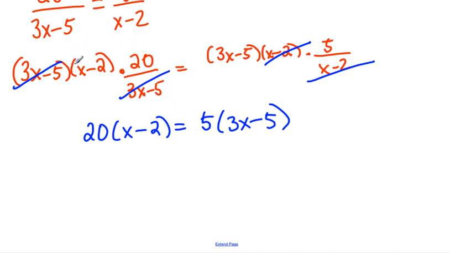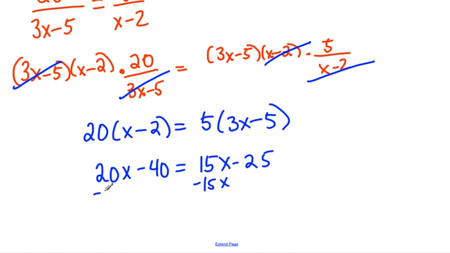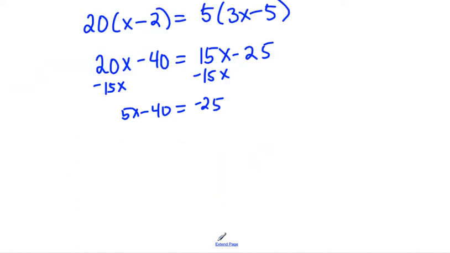Because monomials usually go in front of the binomials. 3. Add 40. 15. Right about now.